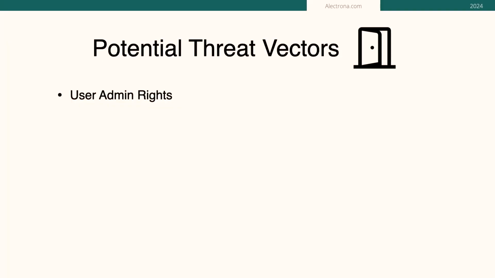So getting into some of the potential threat vectors, user admin rights. If we do have users that have privileged access to the device, they can unintentionally install things in root locations where we don't want them to have access, and then us as admins are left to deal with the fallout with that.